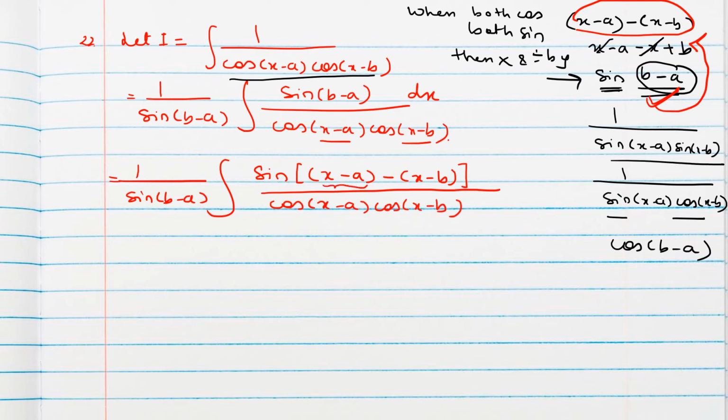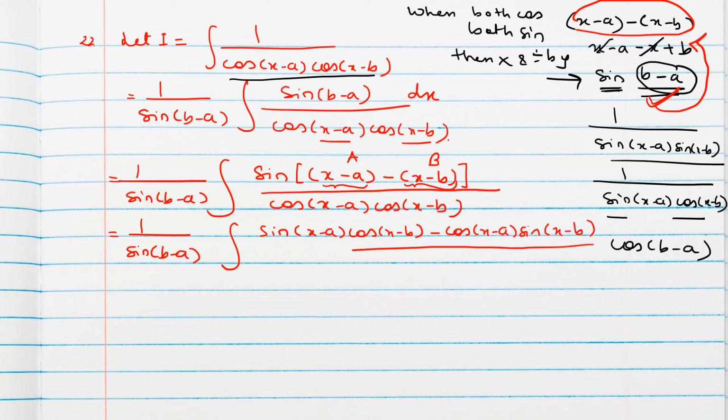Now considering this as capital A, this as capital B, we can apply the compound angle formula for sine, okay, sine A minus B. So that will give sine A cos B, okay, minus cos A sine B, divide by cos x minus A, cos x minus B. Now if you separate the denominator, cos x minus b, cos x minus b from the first term will get cancelled.